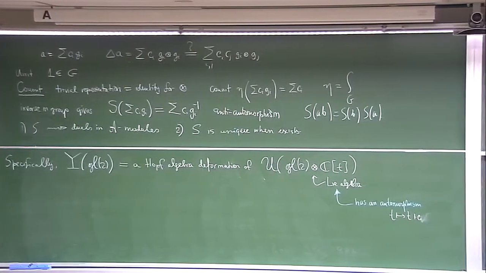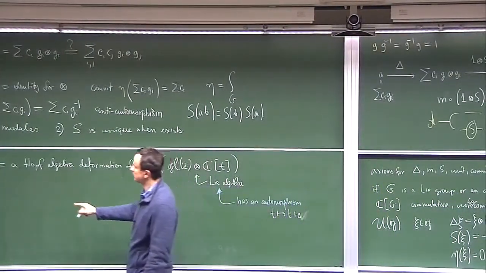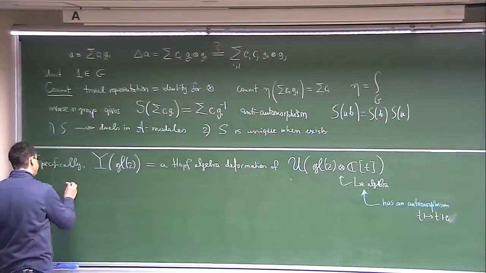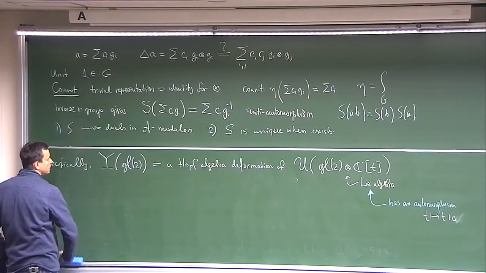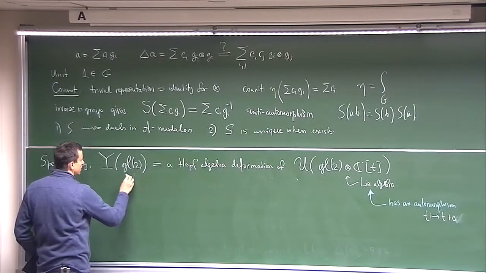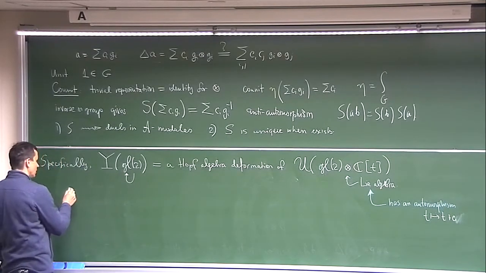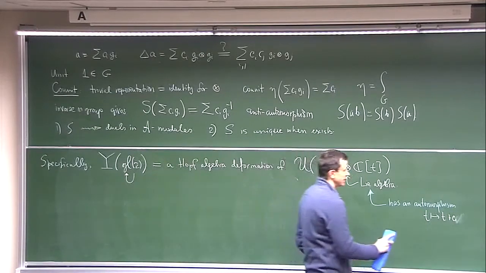That automorphism will persist to this quantum group. So if I have a module, maybe shifting t by some constant a.